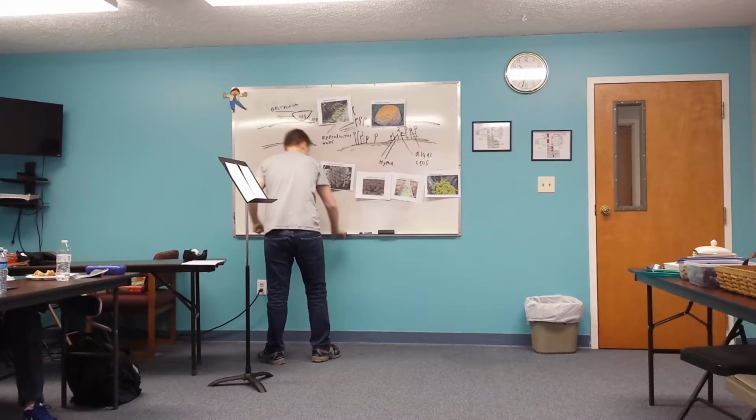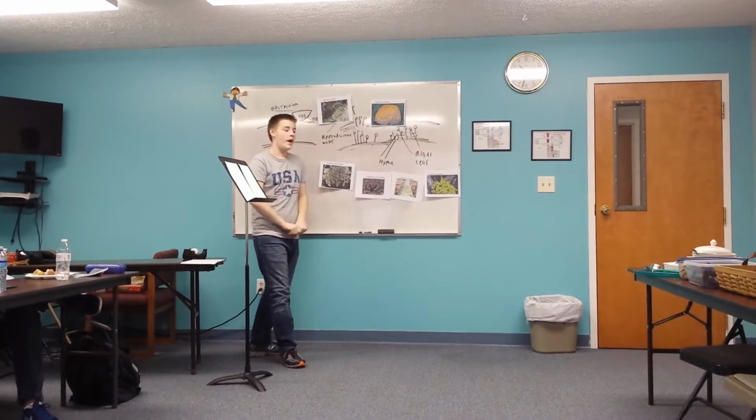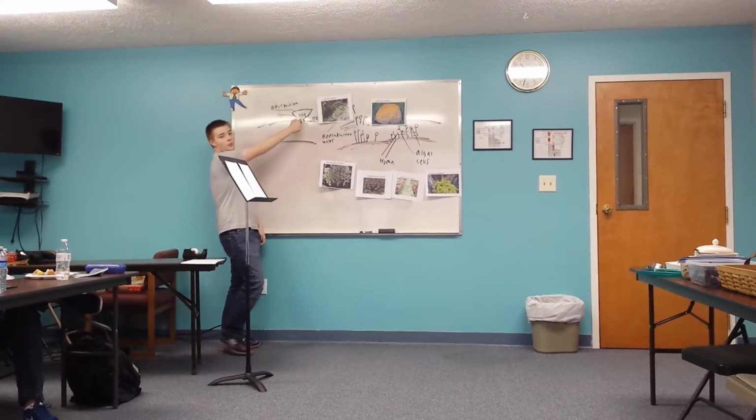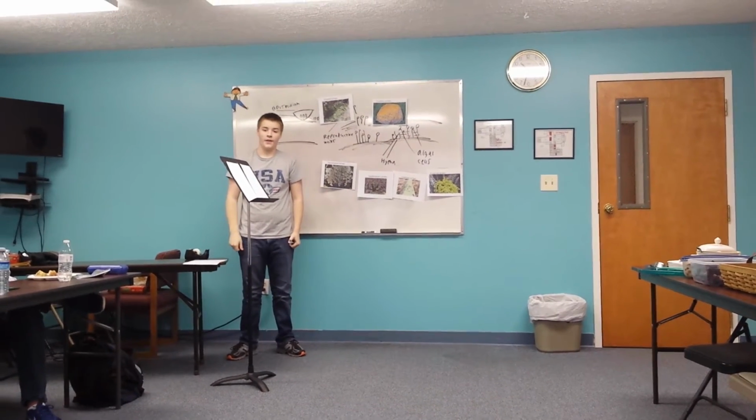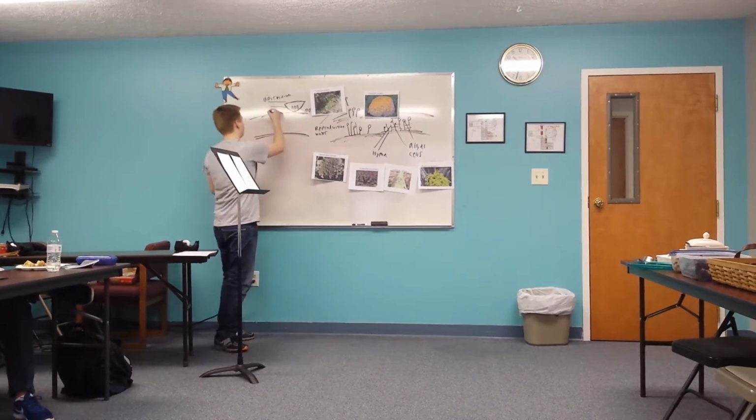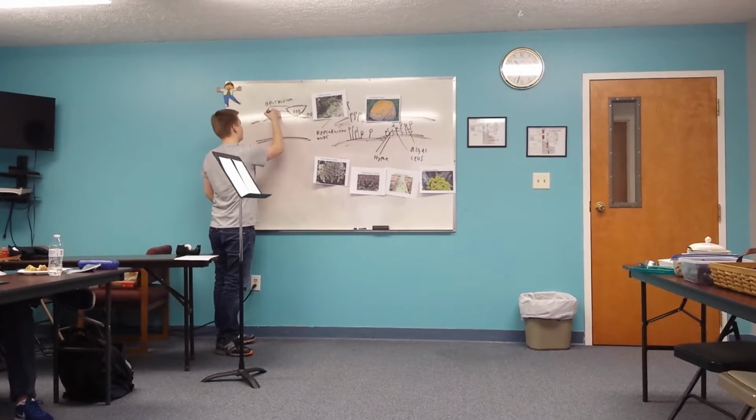Most lichen is made of ascomycota fungi, which means it grows these bulbs that I drew on the board. Some of it is made of basidiomycota fungi, though, which means it'll grow these tiny little mushrooms that will release their spores.